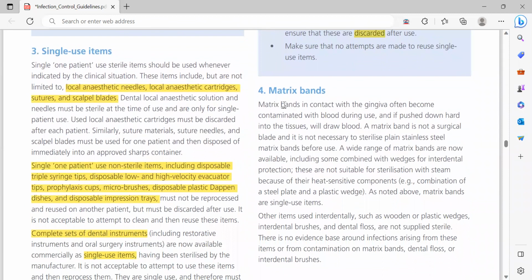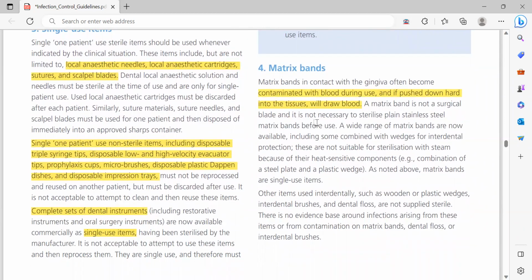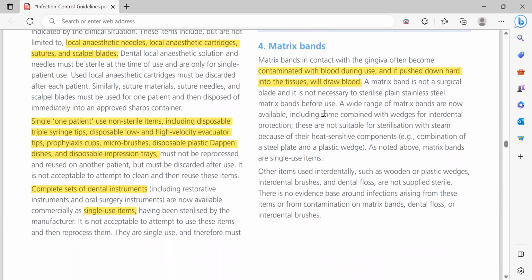Then matrix bands. Matrix bands in contact with gingiva often become contaminated with blood during use, and if pushed down hard into the tissues, they will draw more blood. A matrix band is not a surgical blade, and it is not necessary to sterilize plain stainless steel matrix bands before use. A wide range of matrix bands are now available, including some combined with wedges for interdental use, like sectional matrix bands.